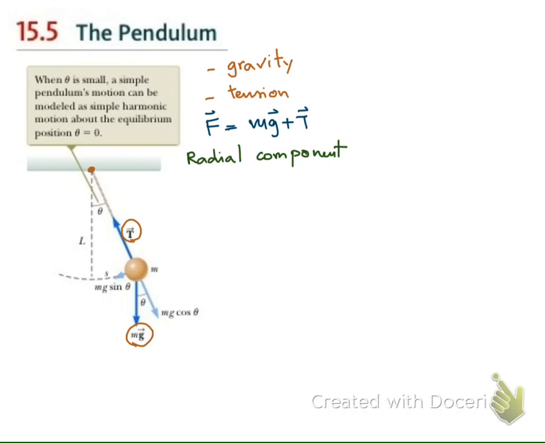So the tension has to balance the component of the gravity along the radial direction. So we have 0 equals T minus mg cos theta.